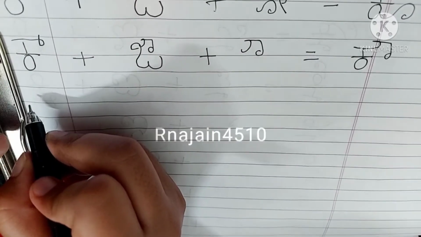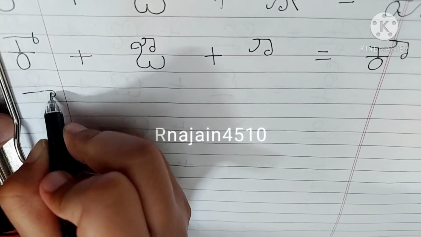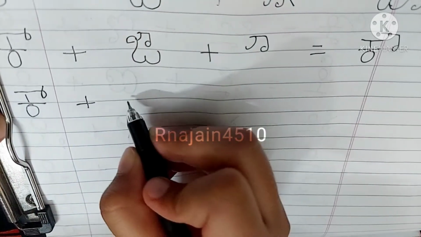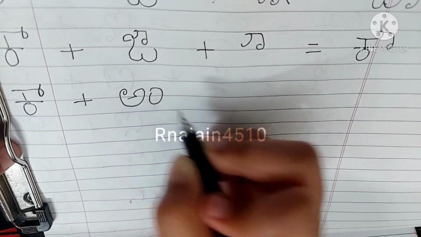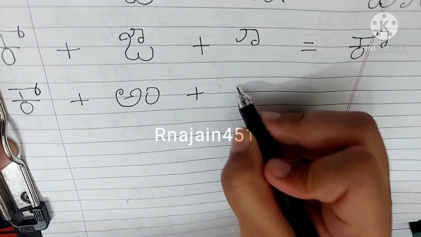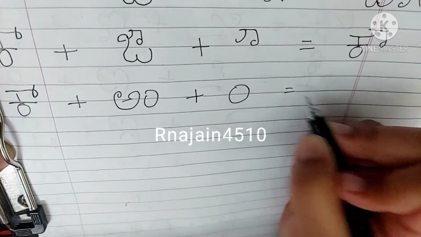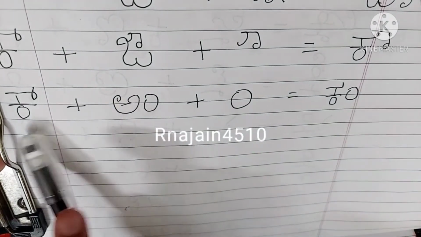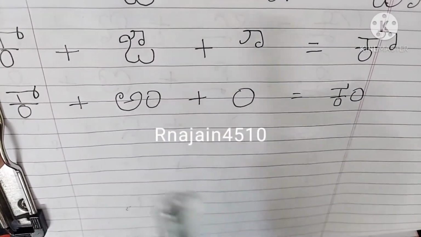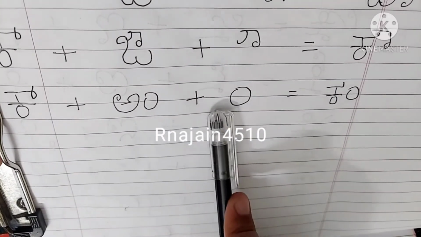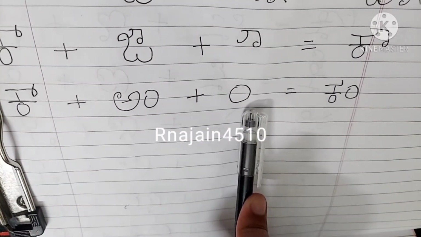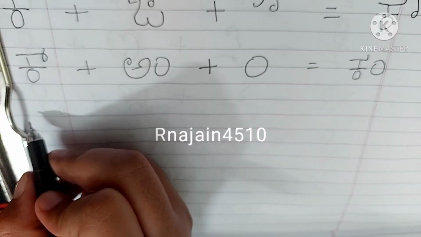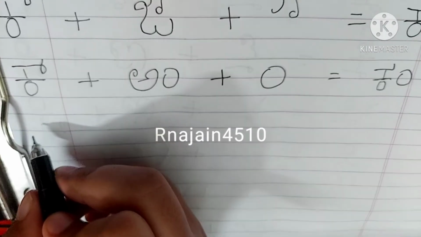Next is Kam. So we'll write first half K plus the symbol is equal to Kam. Okay. Half Ka plus the symbol is equal to Kam. We call this matra as anuswara. Anuswara. Next is Kah.